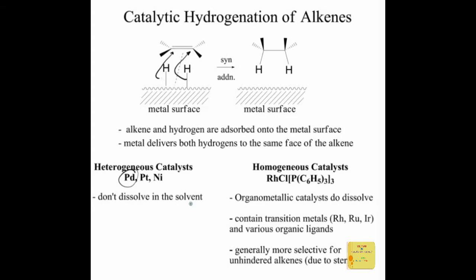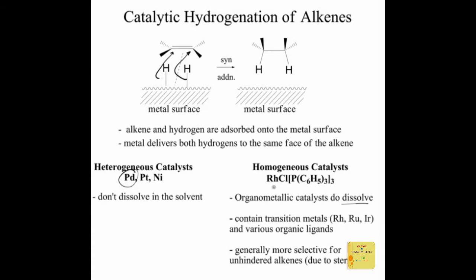Okay, the other class of compounds are called homogeneous catalysts. They are called homogeneous because the reaction mixtures in these cases are homogeneous. They're a solution. They don't have any solids in there because they do dissolve in organic solvents. And that's because these are organometallic species. They have both organic components attached to the metal. We have a variety of transition metals like rhodium or ruthenium or iridium, and they have various organic ligands attached to them.